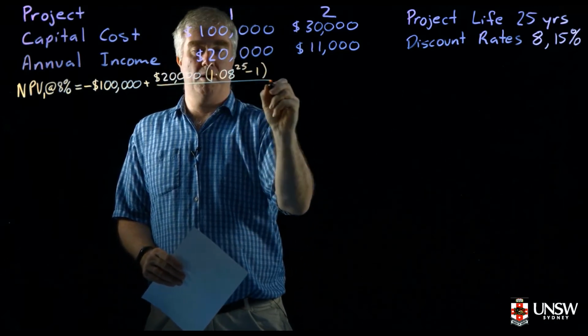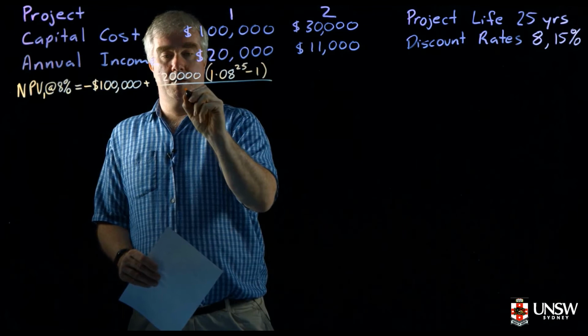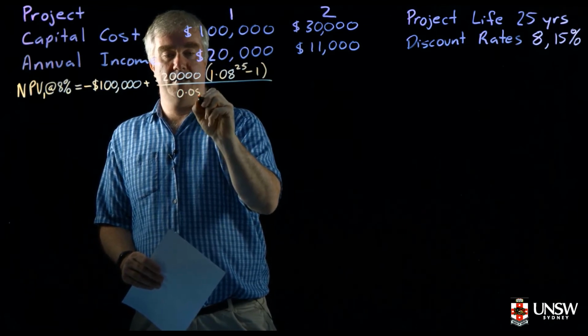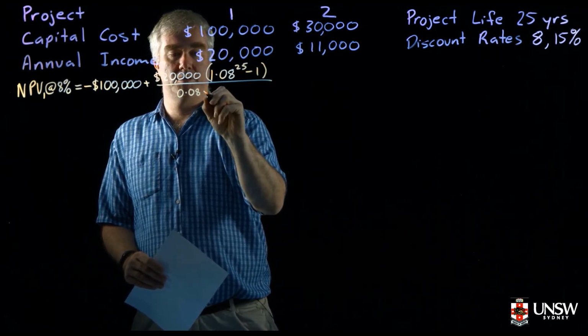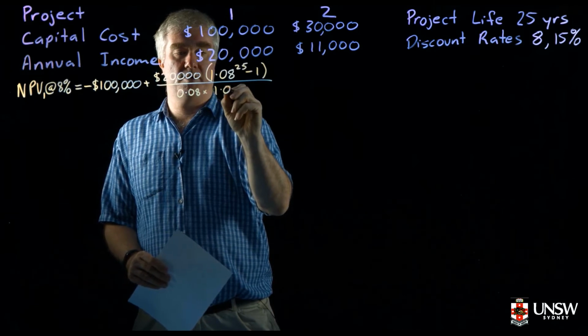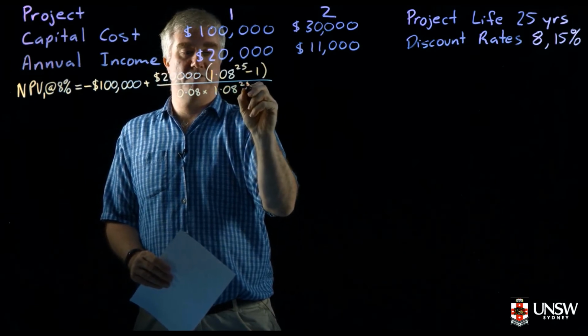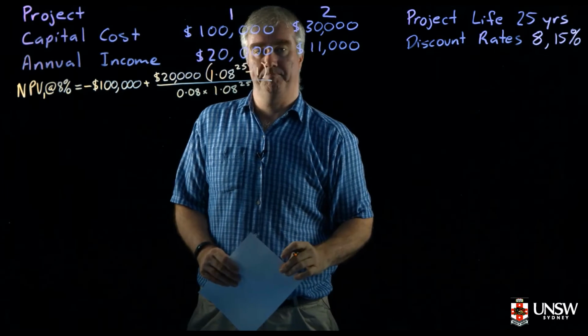all divided by 0.08 times 1.08 to the power of 25 without the minus 1.